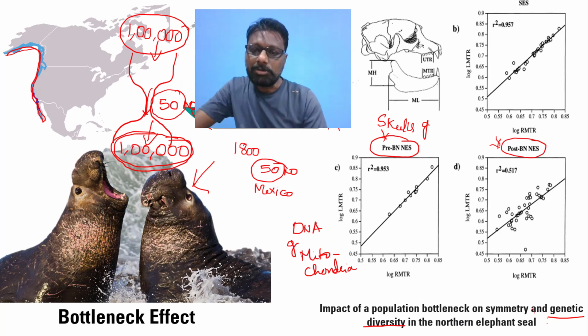Similarly, they also observed the skulls and their symmetry. So they measured the left mandible as well as the right mandibular distance.